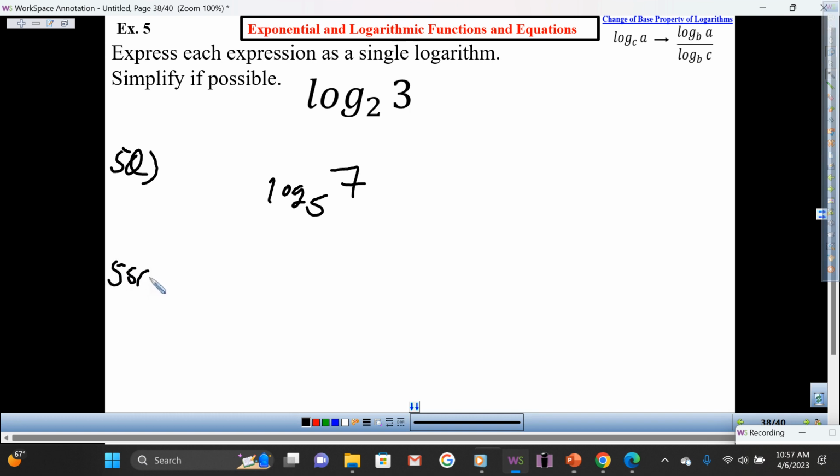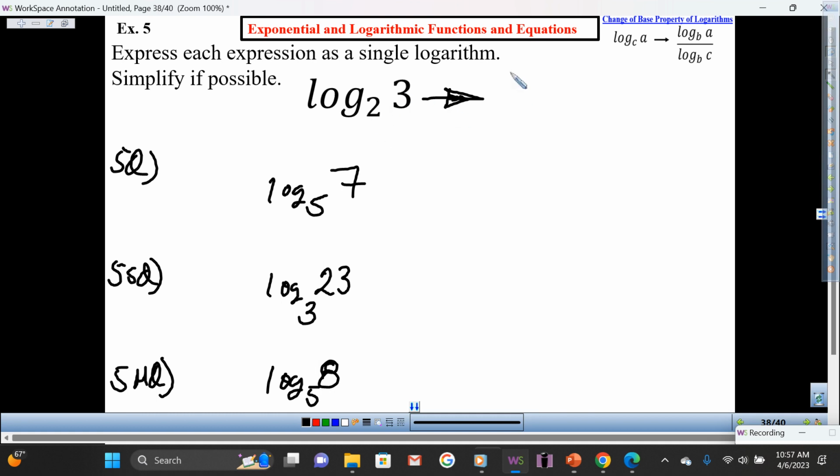Example 5 super Q: log base 3 of the given number 23. And we'll do one more. Example 5 mega Q: log base 5 of the given number 8.